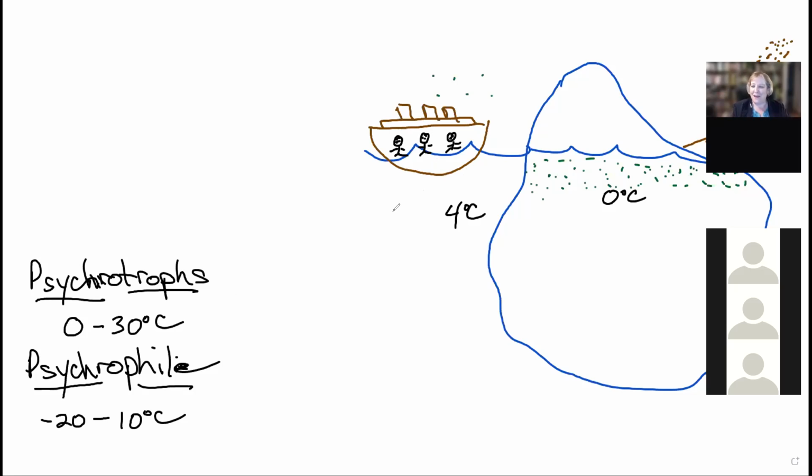So let's say we take some vomit, we take some feces, we're looking at the pathogen that's in there. What temperature should I incubate that at?